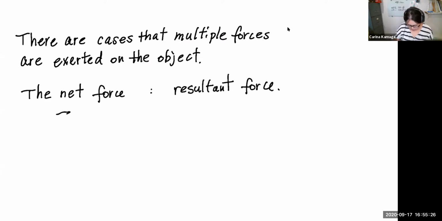So we write the net force like this. This is how we write the net force.